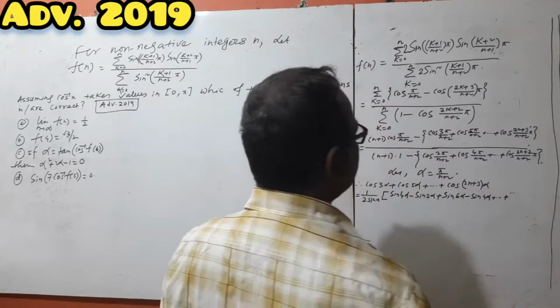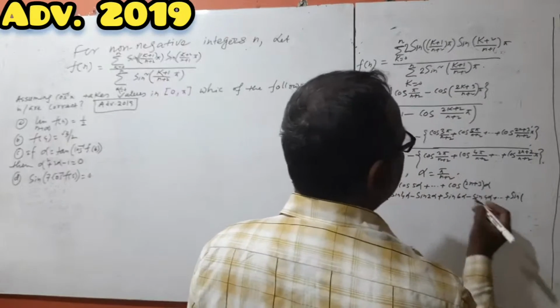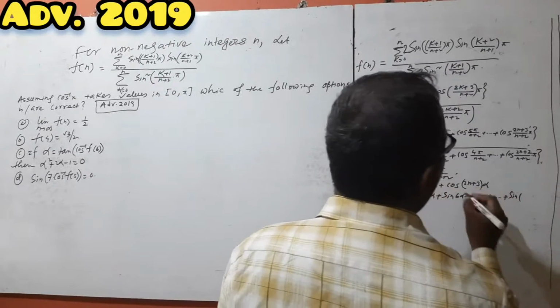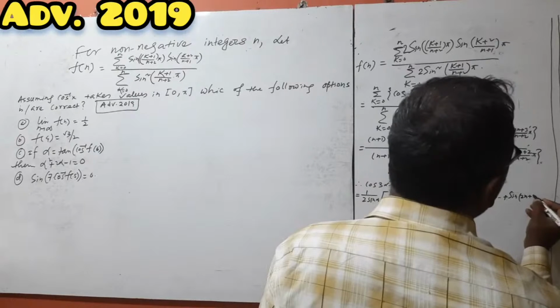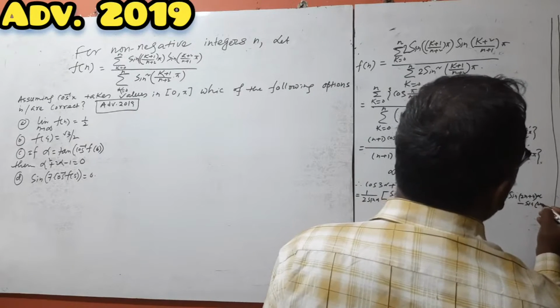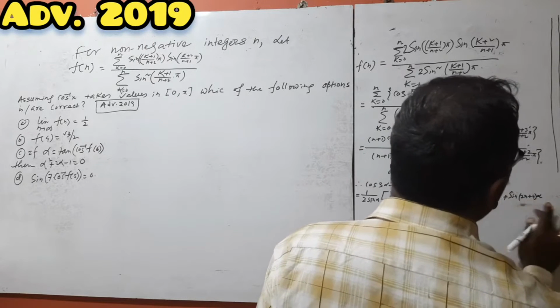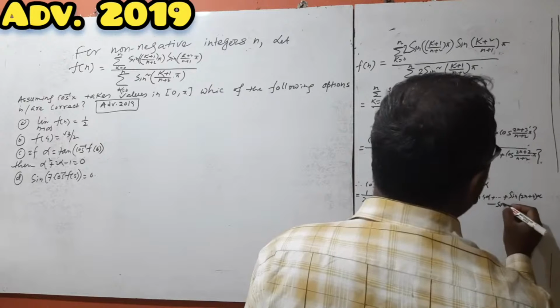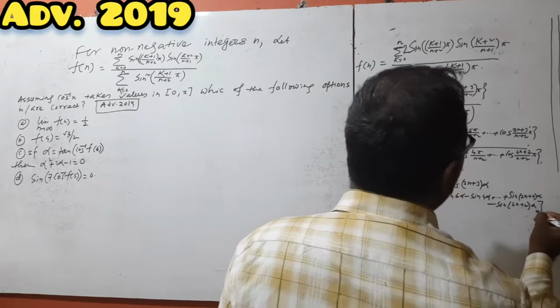And similarly for the last term, it is sine (2n+4) alpha minus sine (2n+2) alpha.